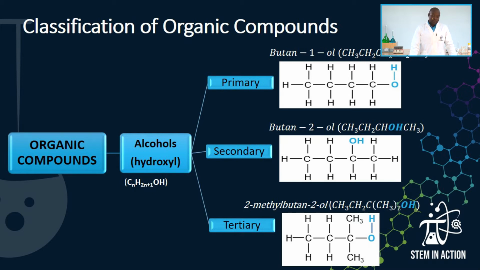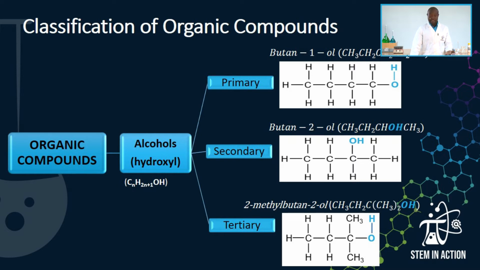So moving from primary, secondary to tertiary, we are looking at the substituted carbon, right? The carbon bonded to the halide, and we are noticing that that carbon in primary alkyl halide is bonded to just one carbon and 2 hydrogens. The carbon here is bonded to 2 carbons. The carbon here is bonded to 1, 2, 3 carbons.